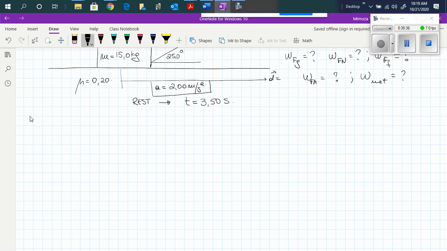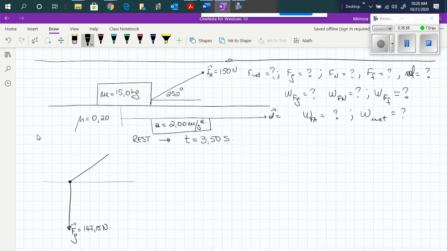I was not joking. So now we have a force of gravity that goes down with a magnitude of 147.15 newtons. We have a force applied that is with a magnitude of 115 newtons at 25 degrees.